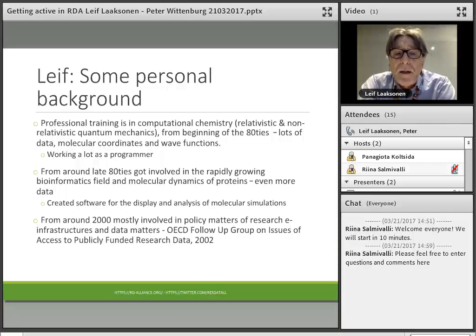Later in the 80s and the beginning of the 90s, I got more involved in developing bioinformatics and the very exciting molecular mechanics, which I thought was extremely interesting, because going from small molecules with only a few atoms to biomolecules with hundreds or even thousands of atoms created a lot of data at the time.